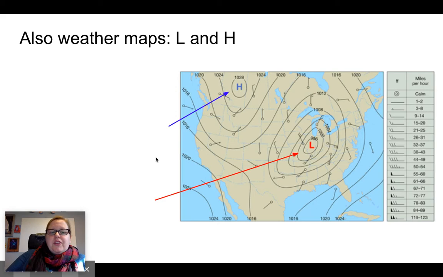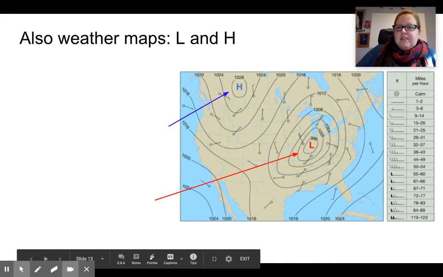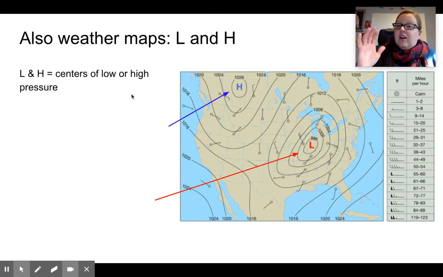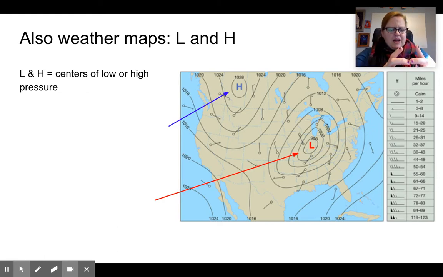If we look at those H's and L's in a little more detail, I want to talk about those next. The H's and L's are usually surrounded by isobars because they're the center of a high or low pressure system. Something has happened in that region to make the pressure higher or lower than everything else around it.